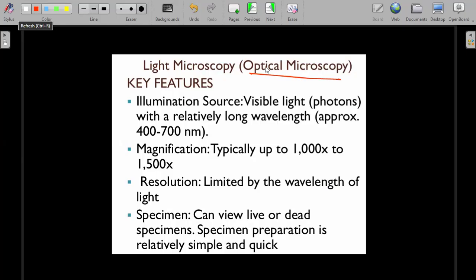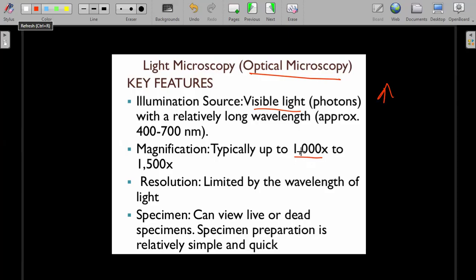Okay, so the source of light, we get it from visible light. Then the magnification is a bit lower compared to the electron microscope. You can see here, the magnification for the electron microscope was very high, but this one is a bit lower.